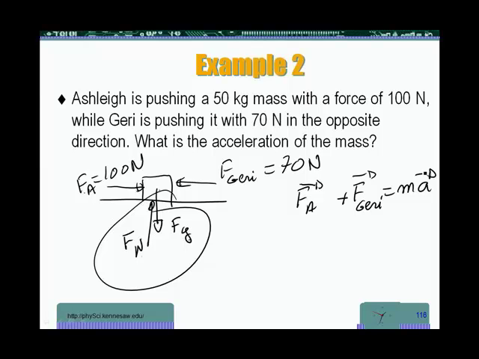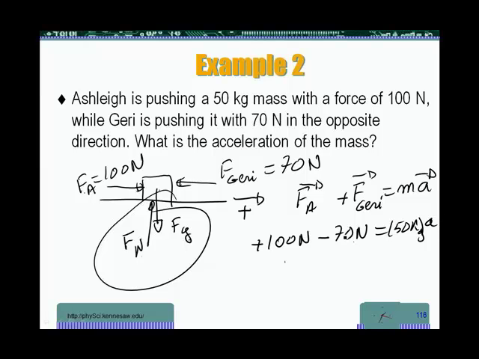The way to handle it is to choose one of the directions as the positive direction. For example, if we choose this direction as positive, then my Fa is going to be plus 100 newtons, my Fj is going to be minus 70 newtons, and that should be equal to my m, the 50 kilograms, times the a that I'm looking for.